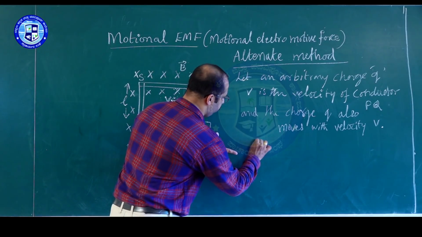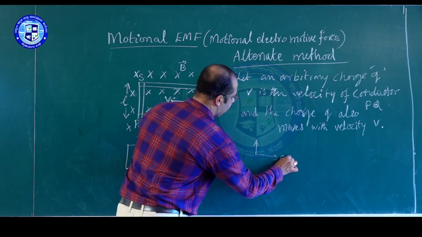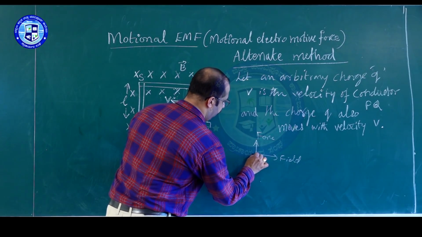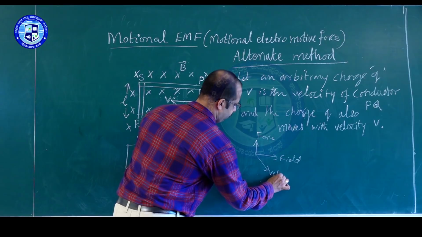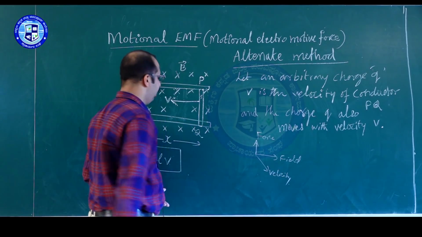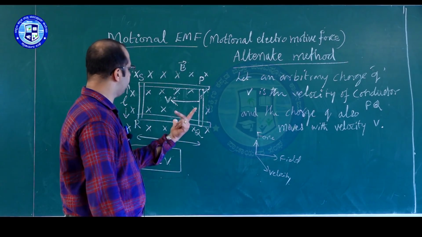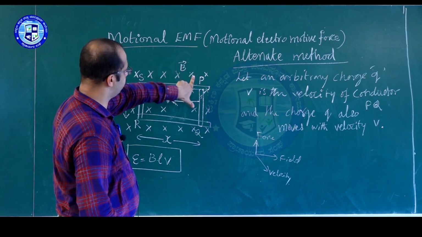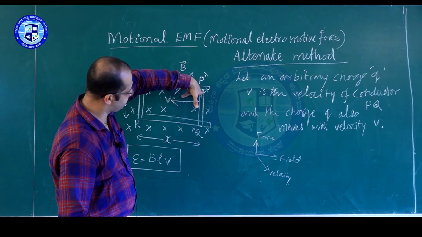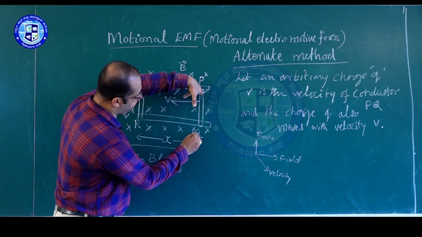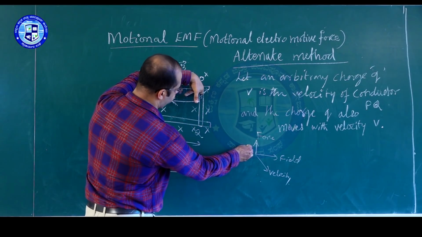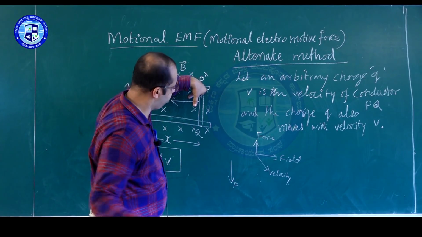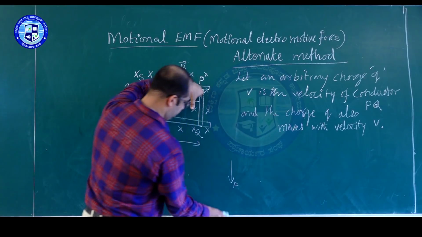So the velocity is along this direction, the force is in this direction, and this is the representation. The thumb gives the direction of force, right?